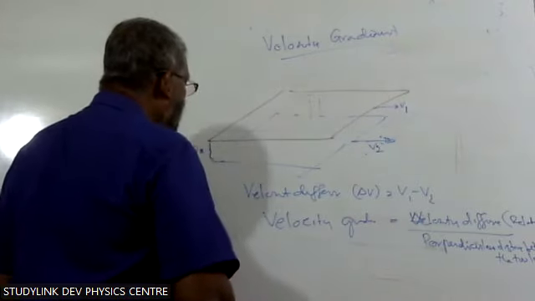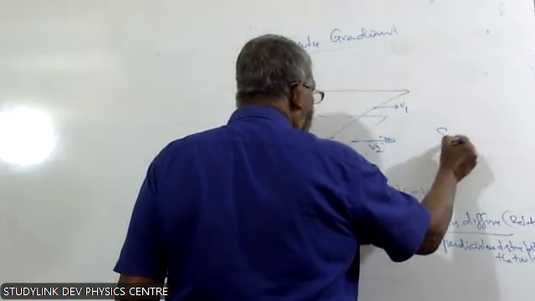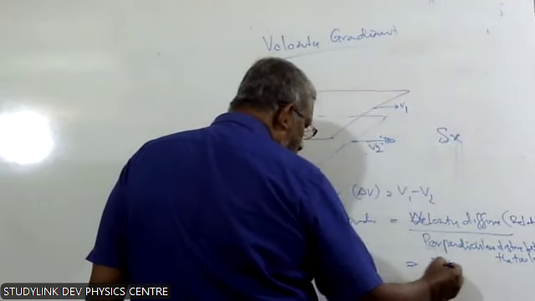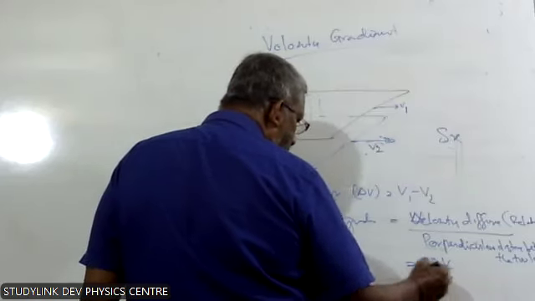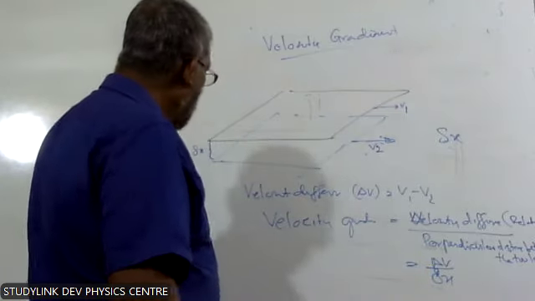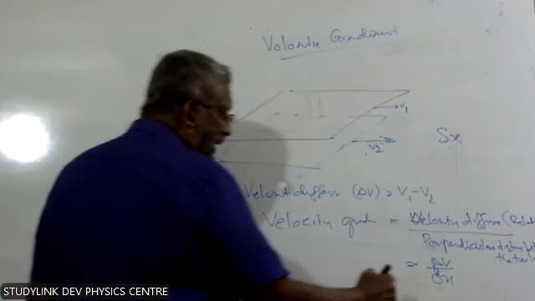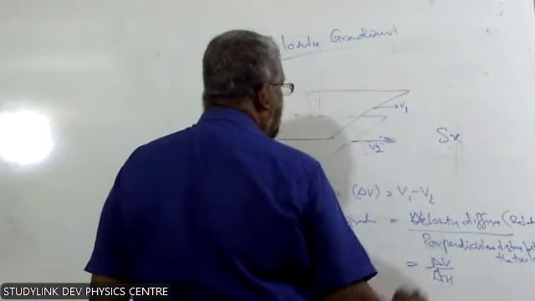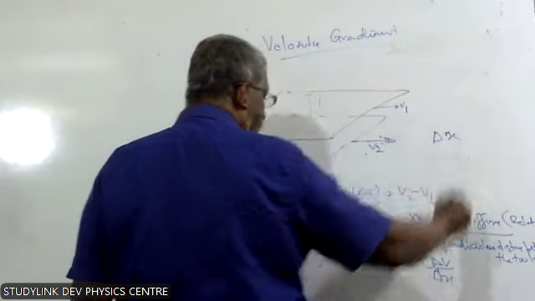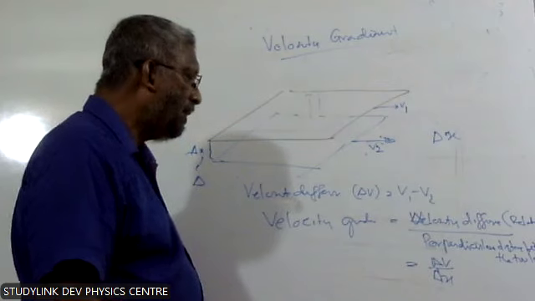When we consider perpendicular distance as delta x, then this is delta V divided by delta X. One is considered as capital delta, the other one is delta x. If you want, you can change this to capital delta X, and in the earlier note also you change it to delta X. This is velocity gradient.